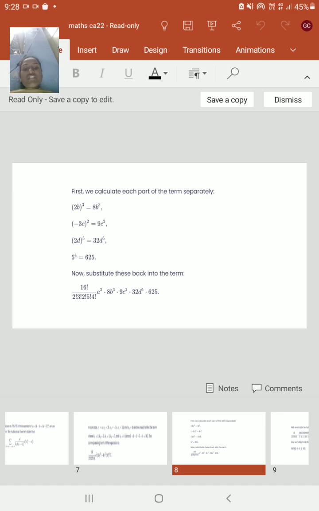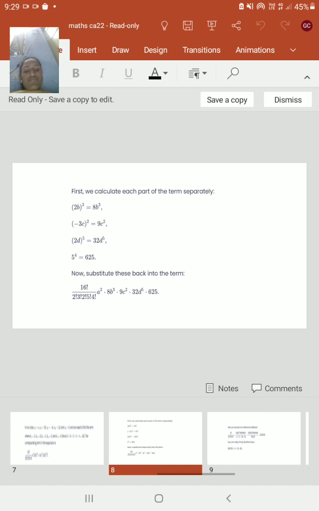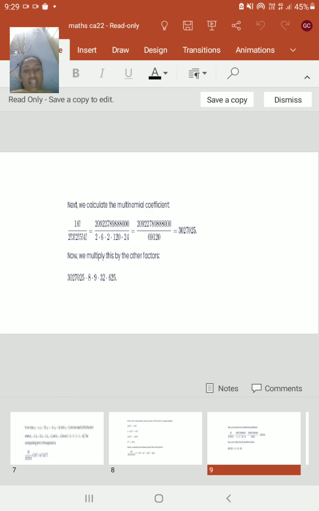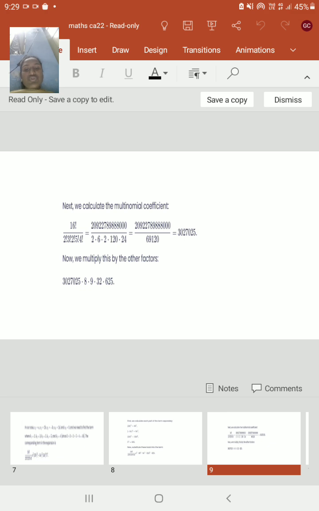So now substitute this back into the term. 16 factorial by 2 factorial, 3 factorial, 2 factorial, 5 factorial, 4 factorial, times a square, 8b cube, 9c square, 32d power 5, and 625. Now we will calculate the multinomial coefficient. The 16 factorial is 20922789888000, divided by 2 factorial and the other factorials, and totally if we calculate we will get 3027025.